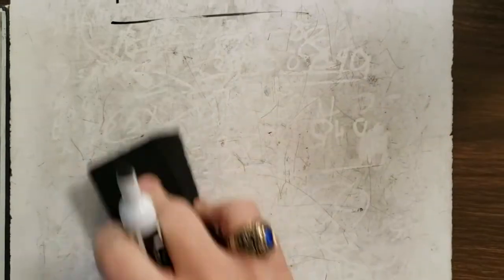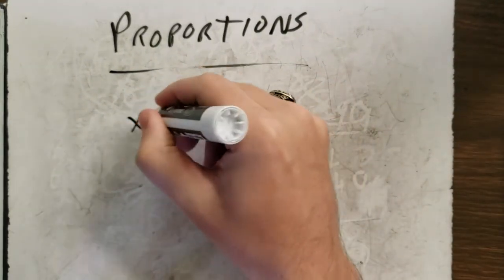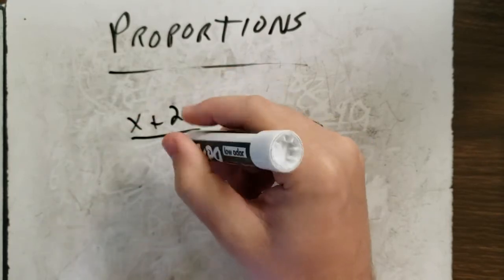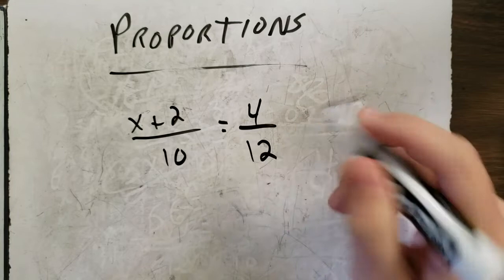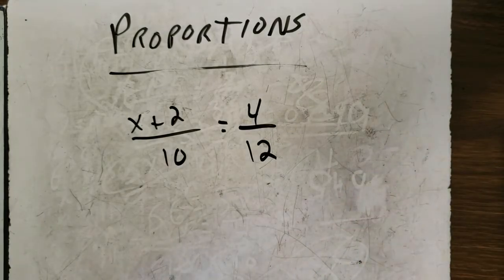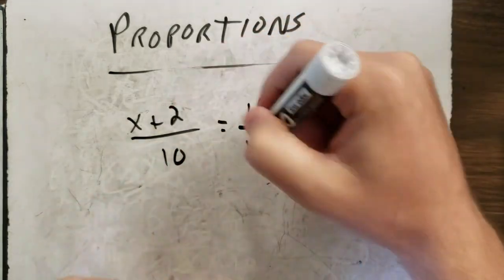Now let's try something else. Sometimes you'll see something like this: x plus 2 over 10 equals 4 over 12. Same thing, we cross multiply. Let's start here.